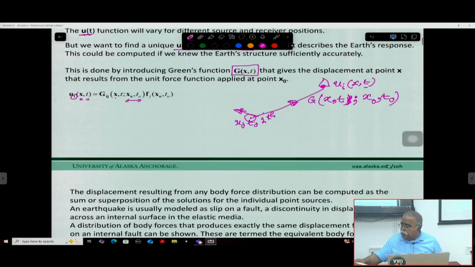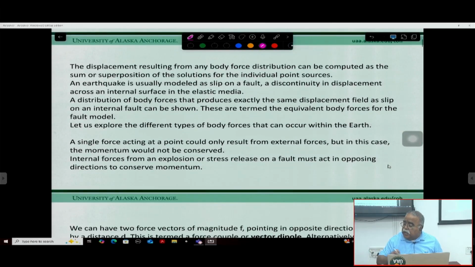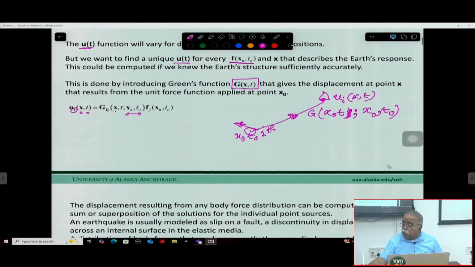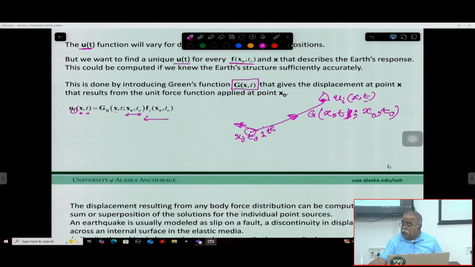Now, this displacement, this Green function, what will be the Green function? So if your force is unity, if force is unit force, right, then whatever displacement you observe at the site, that's the Green function between that source and site points.